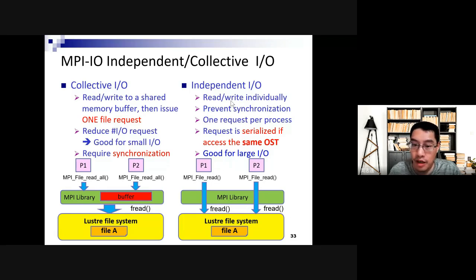And what's the problem for independent I/O? The problem is that if the I/O request performed by each process is very small, maybe just a 4-byte integer, then collectively you have many small I/O requests issued concurrently from a huge number of processes.